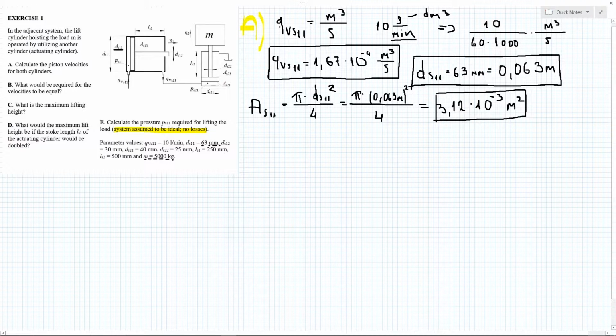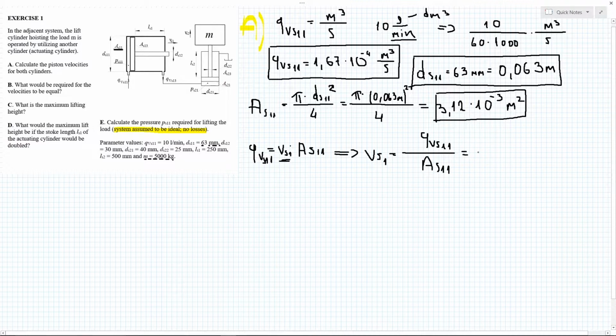Now we have both the area and the flow. And remember, we said that flow is equal to speed, velocity, times the area of the piston. Okay, so we here have the speed of the cylinder 1. So from that, we can say that the velocity of cylinder 1 is equal to the flow coming to the cylinder 1 divided by the area.